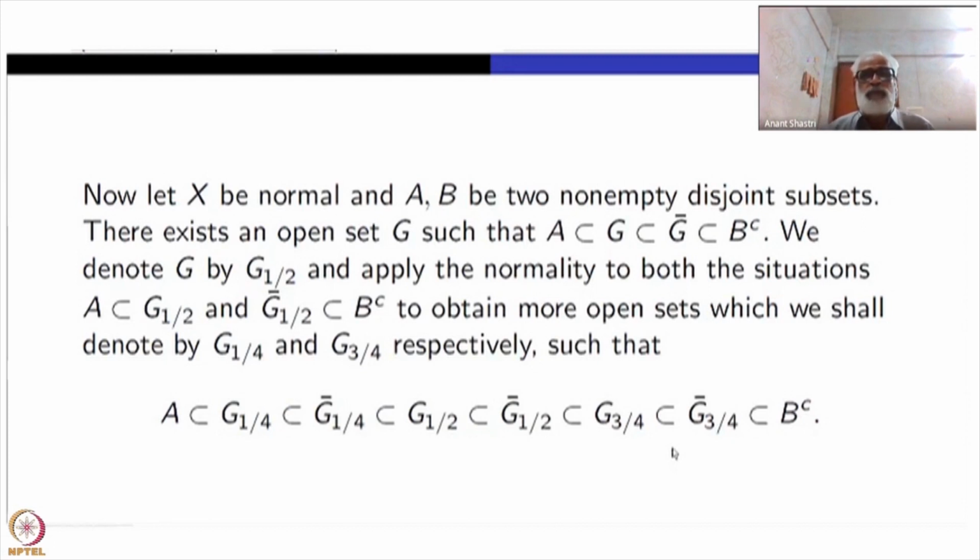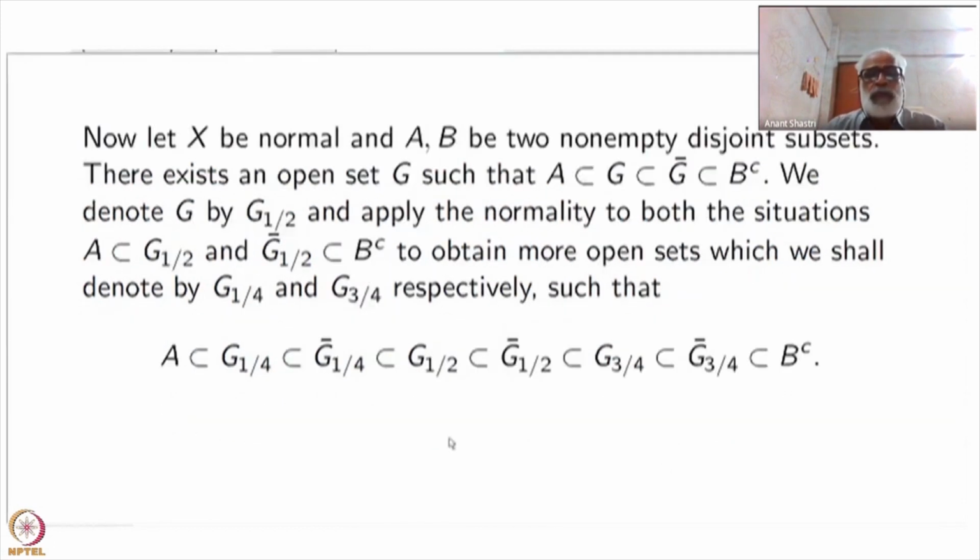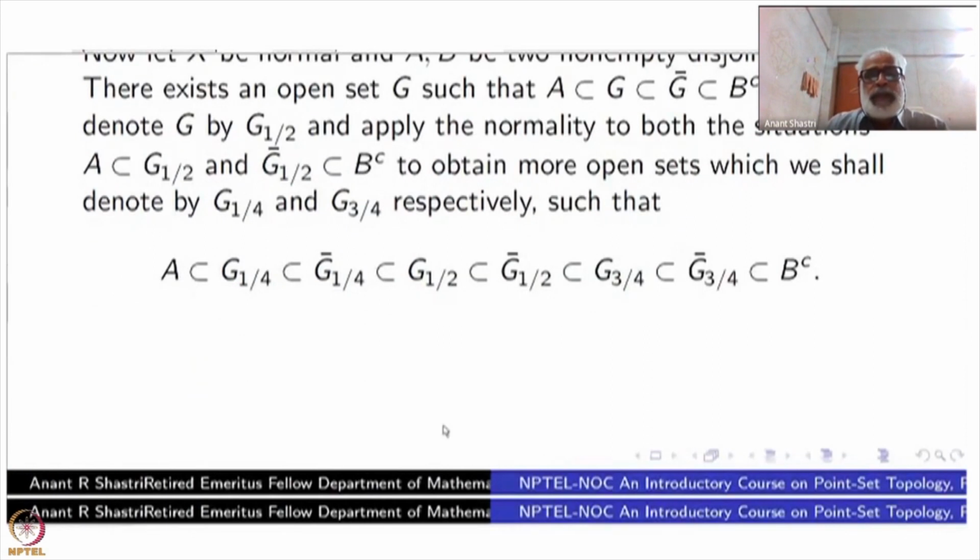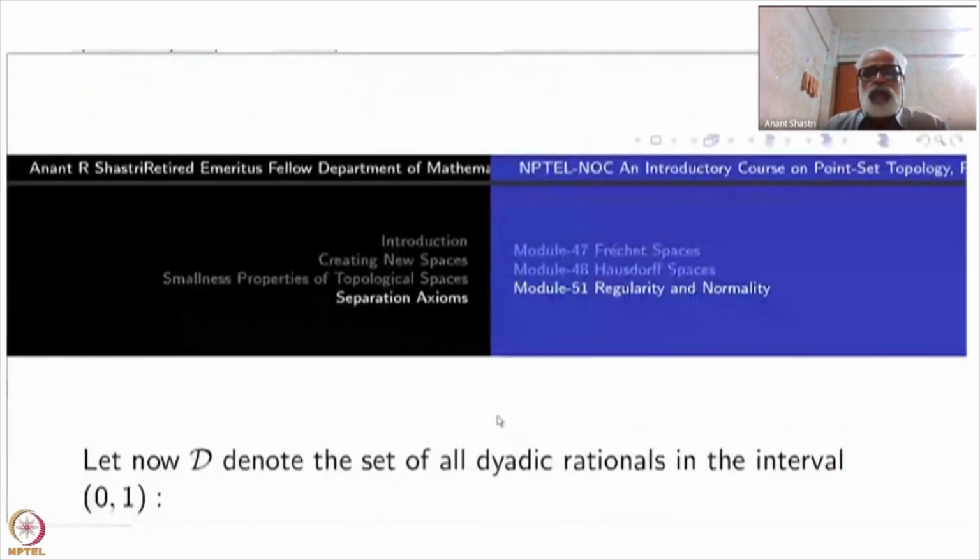So what are those numbers called? They are called dyadic rational numbers, rational numbers whose denominator is always a power of 2. But I want only those between 0 and 1. I am including 0 and 1.